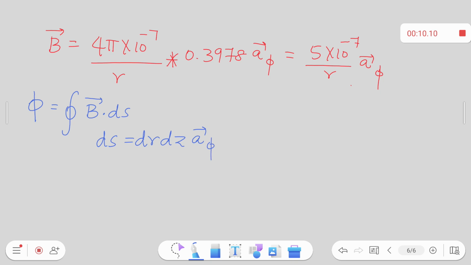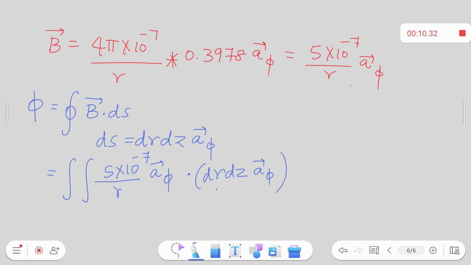If I substitute this, since it is a surface integral, what is my B vector? 5 into 10 power minus 7 by r A vector phi dot product of dr dz A vector phi.